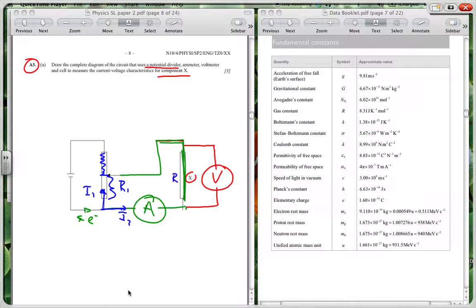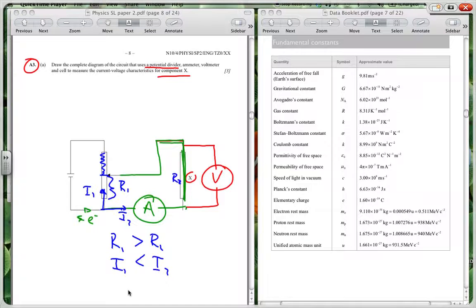And if this is R2 here, if R1 is bigger than R2, then I2 will be bigger than I1.